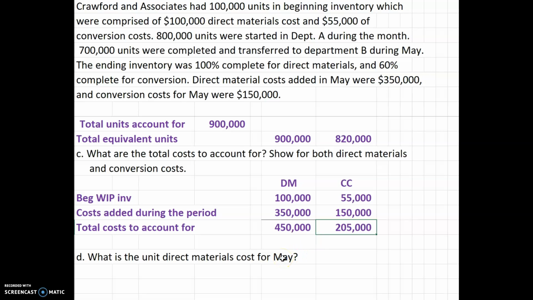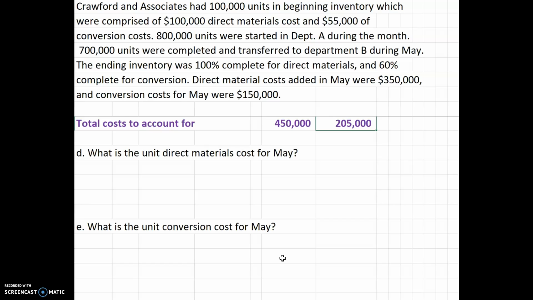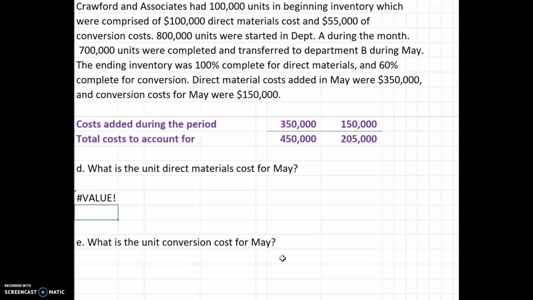So now we want to calculate the cost per equivalent unit for direct materials, and cost per equivalent unit for conversion costs. So to get our cost per equivalent unit, we'll take our total costs to account for, and we'll divide that.